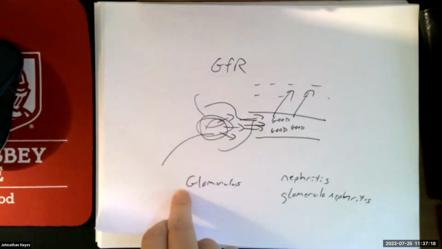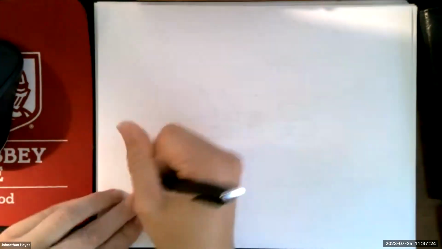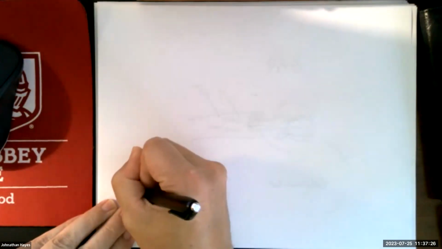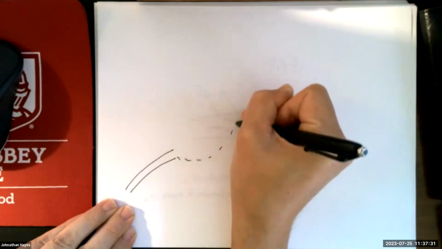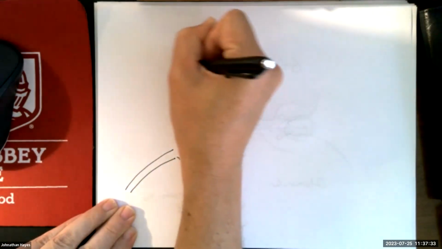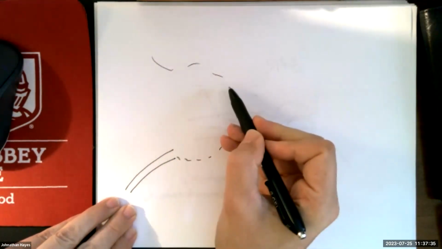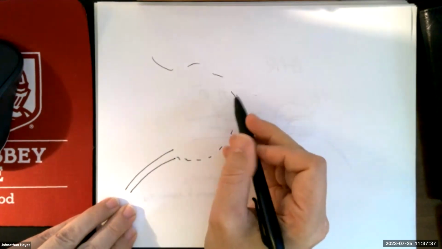So when you get inflammation of a glomerulus, let's pretend we got a glomerulus a little bit closer here. So let's say here's the afferent arteriole leading into a glomerulus. Here's my glomerulus right here, and it's inflamed. So now I've got these big spaces in here because that glomerulus itself has become inflamed.